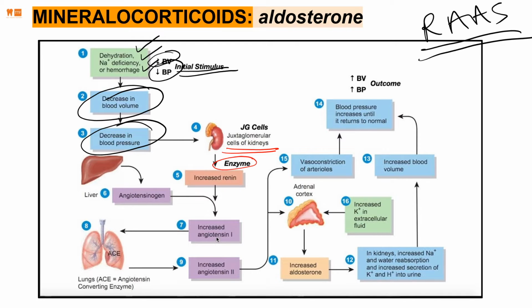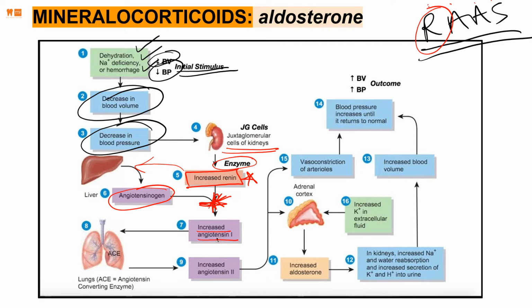An enzyme is released to increase renin. The renin, the most influential in the RAS system, Renin-Angiotensin System, comes into play, and it says to the liver, hey, make sure angiotensinogen, the inactivated molecule, is ready because I'm coming to activate it. Angiotensinogen gets activated and becomes angiotensin 1.